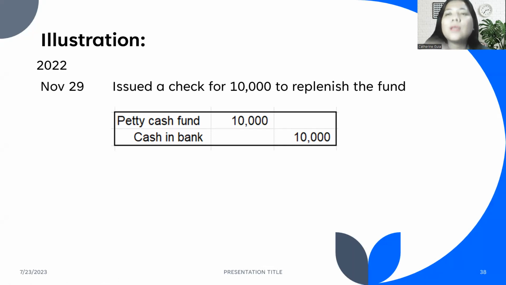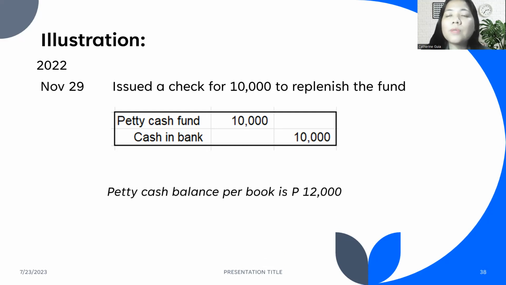In contrast with the imprest fund system, where when there is a replenishment of fund, that's the time we recognize expenses, here under fluctuating you will be debiting directly the petty cash fund in the amount of 10,000 and then you will credit cash in bank 10,000. So at this point, the petty cash balance per book is 12,000.